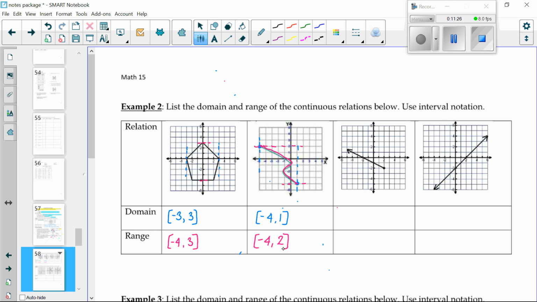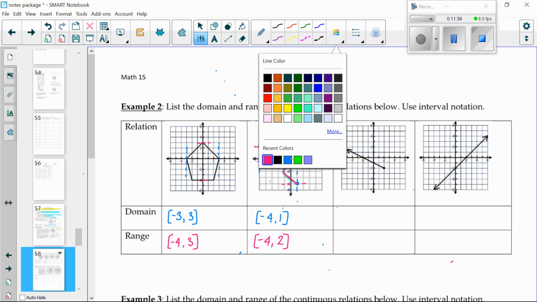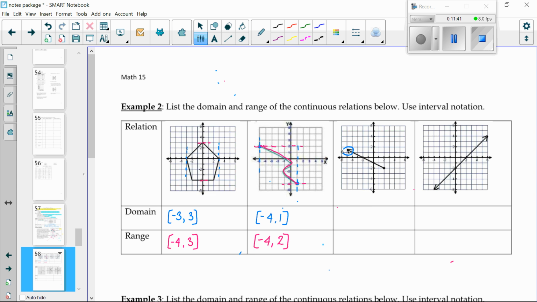Okay, looking at the linear one. So, looking at all of our possible values for x. Now, notice that I have an arrow. That means it's going to keep going into the negative infinity direction.